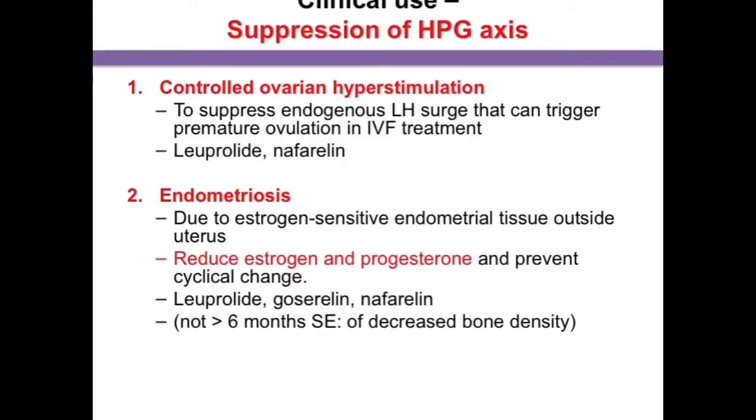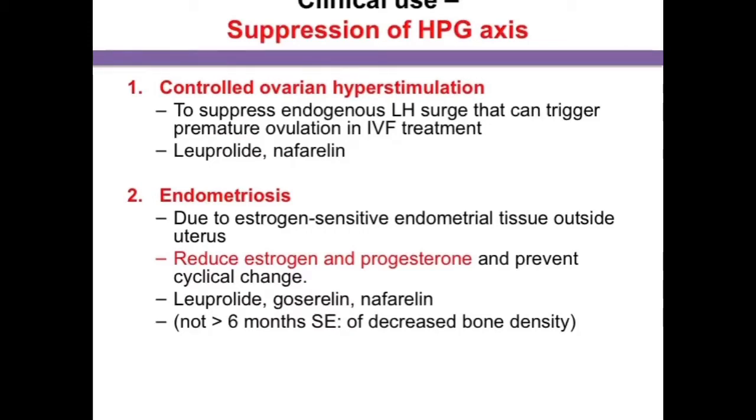So what we do is use leuprolide and nafarelin to suppress the endogenous LH surge that can trigger premature ovulation in IVF treatment. Because we want the ovulation to be on time.